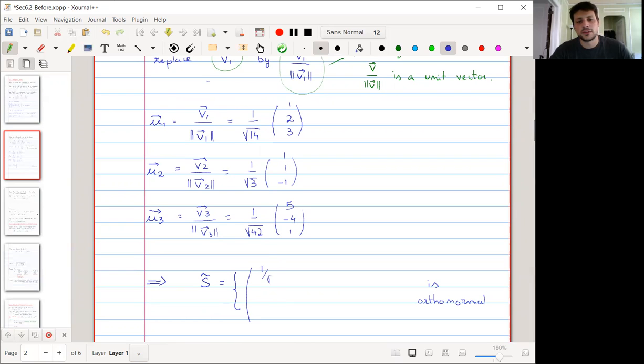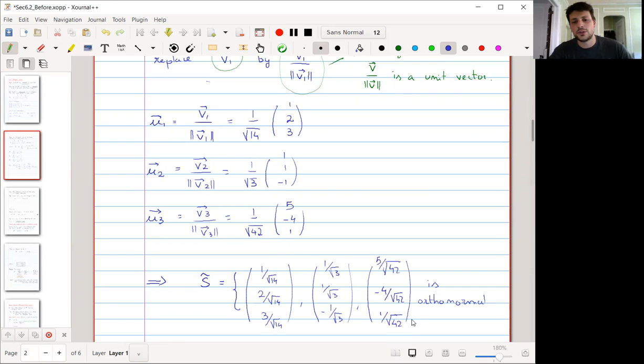This time I'll write them as vectors, so without the scalars in front. 1 over root 14 times 1, 2, 3, which is 1 over root 14, 2 over root 14, 3 over root 14, comma, the second vector will be 1 over root 3, 1 over root 3, minus 1 over root 3, and the third vector will be 5 over root 42, minus 4 over root 42, and 1 over root 42.